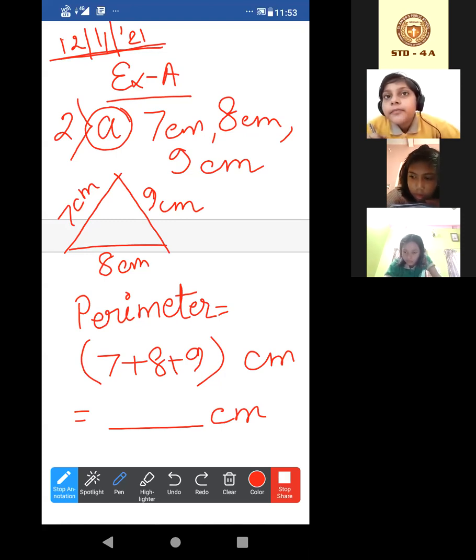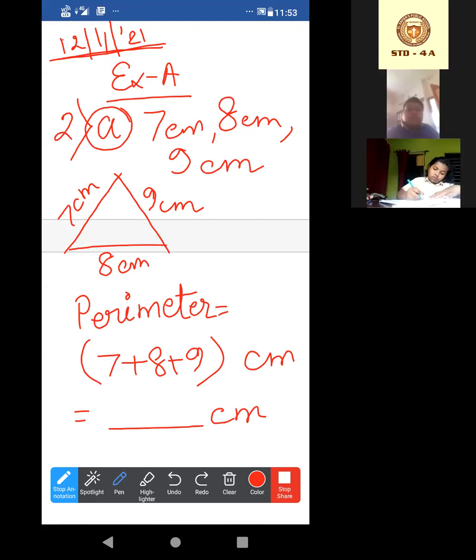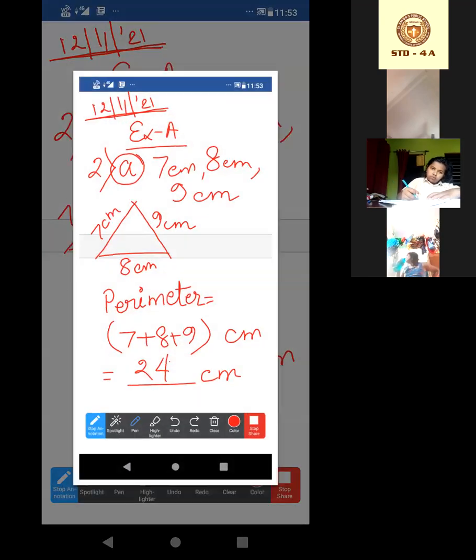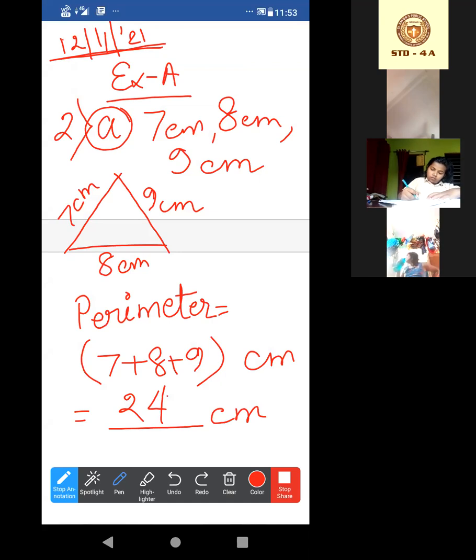Sushnata, say. 24, good. Yes. Anuvam, are you doing? The answer will be 24 centimeter. Don't worry, I am taking the screenshot. I'll share it. All of you completed this one.